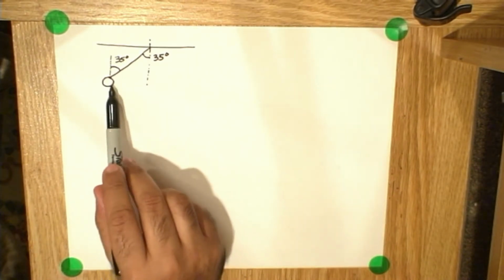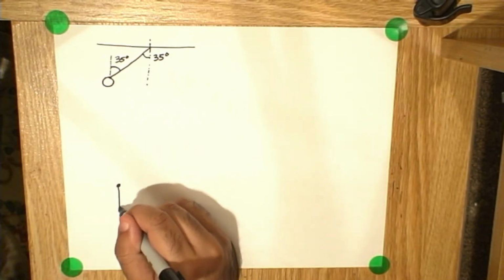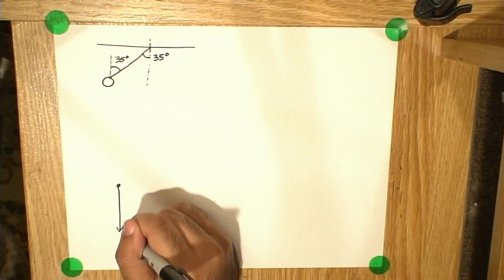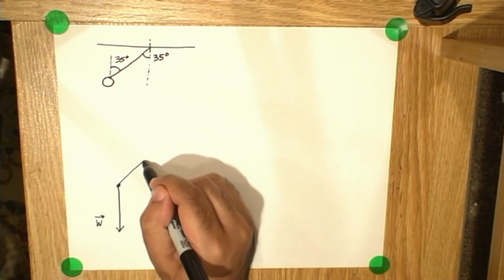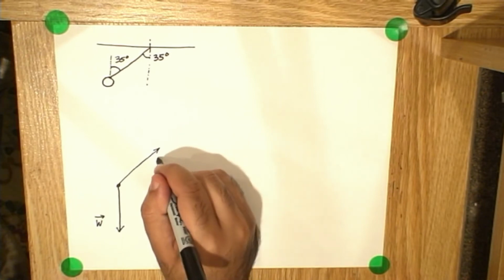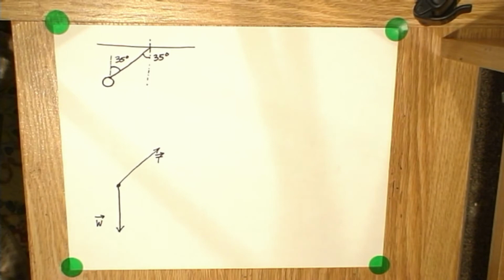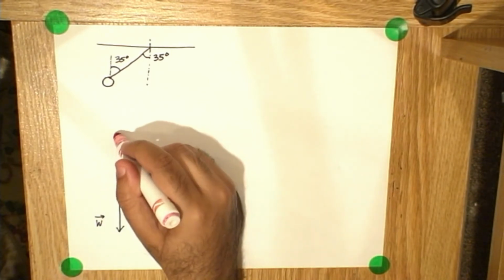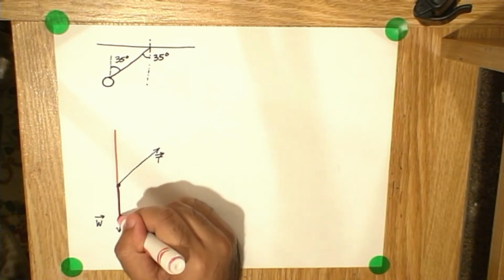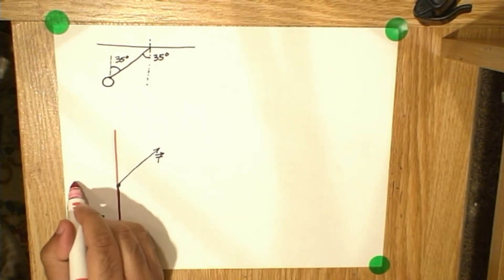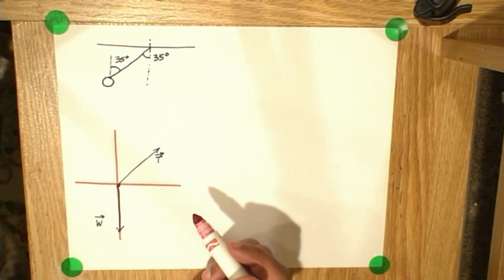So let us draw the free body diagram for this ball. The weight is going to point down, and the tension must point in the same direction as the string. Therefore, that encompasses all of the forces in this question.